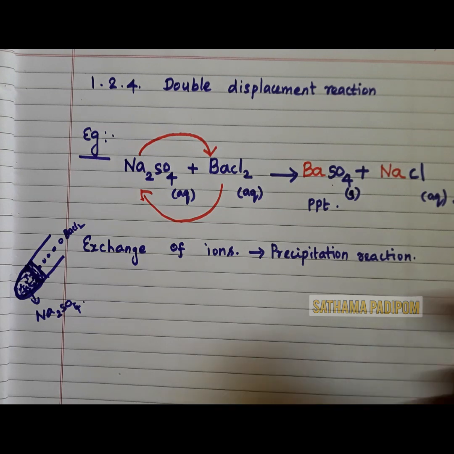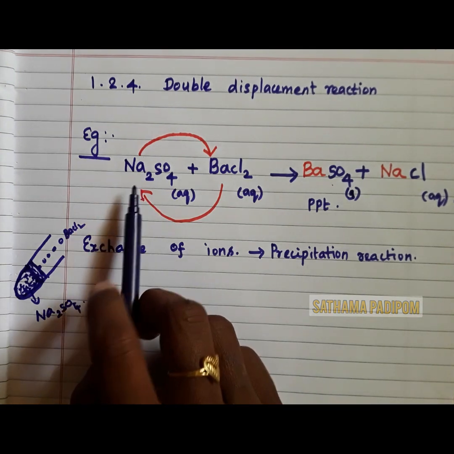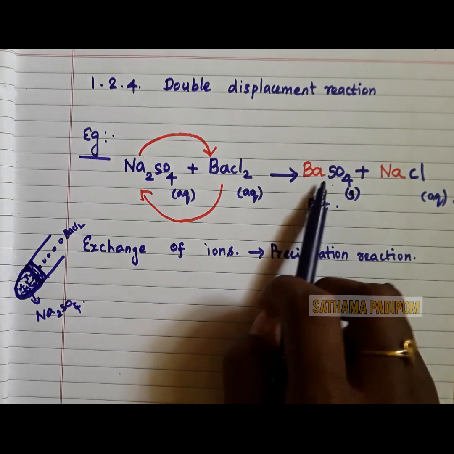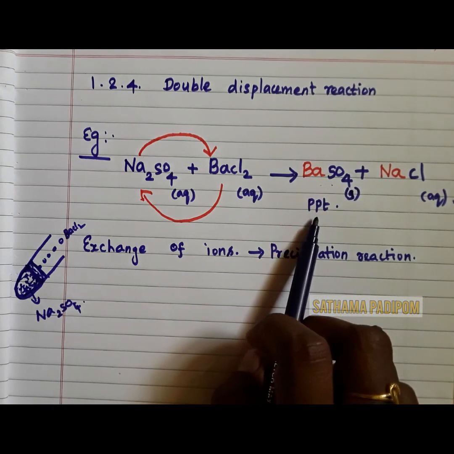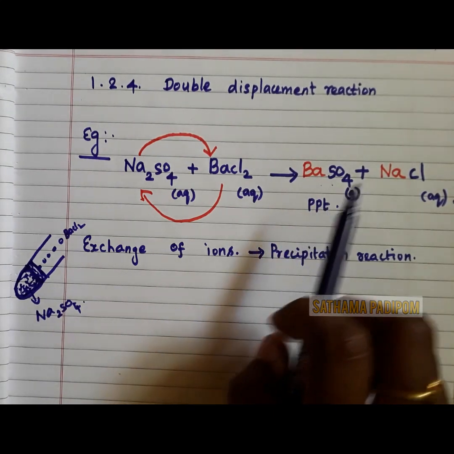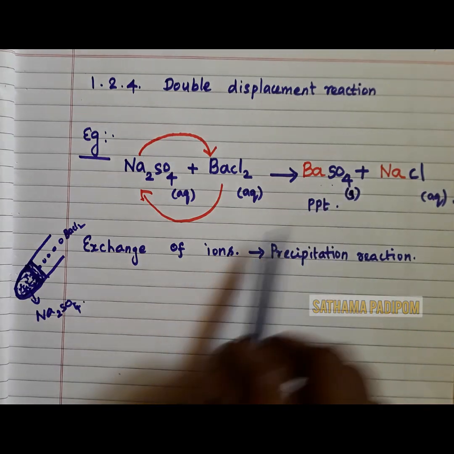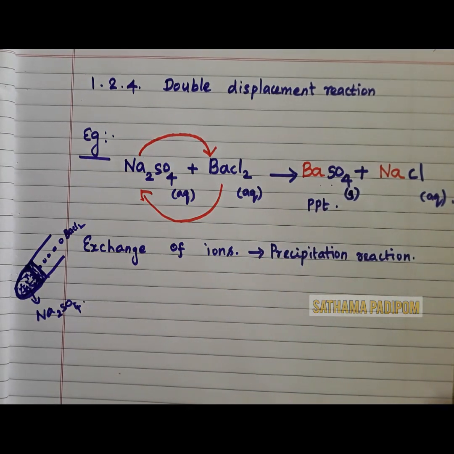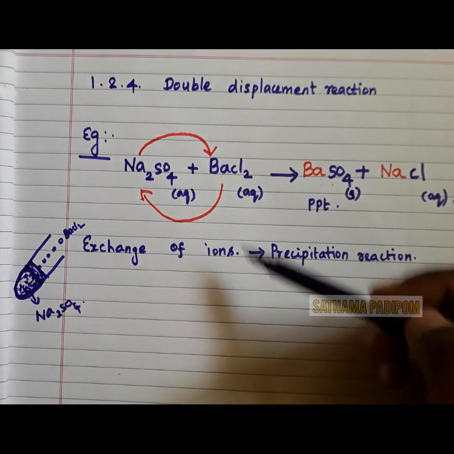We'll repeat once again. When sodium sulfate reacts with barium chloride, it produces barium sulfate, which is a precipitate, and it is called a precipitation reaction. So double displacement reaction means the exchange of ions.